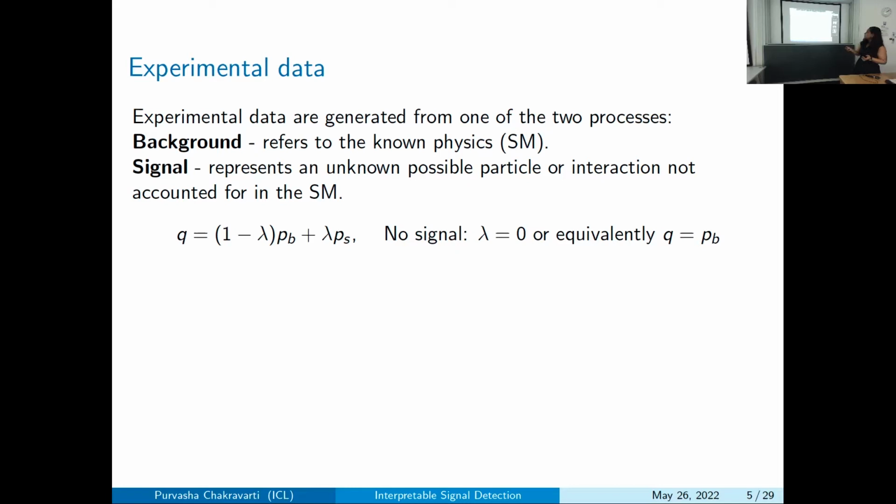If you look at this, PB is the background density, this is the signal density, and this is the density of the experimental data. If lambda is 0, you can think of it as Q equals PB, which is basically like a 2-sample test. I'll come back to that again, but I'll show you how it is very similar to a 2-sample testing problem.